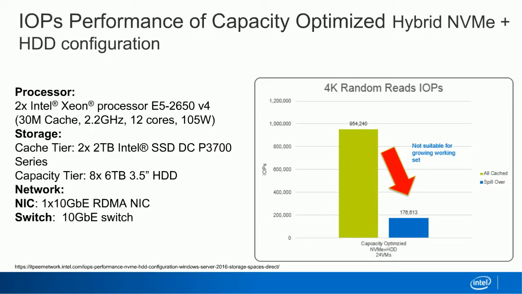Now your workload starts growing and expanding, and now it overflows to your hard disk, and there's a huge performance hit that no IT customer would like to see today, right? So this configuration works well if you're looking at implementing a cold storage aspect where you have storage that's not accessed often, or your working set is not going to grow and is going to be on a fixed platform. Okay.